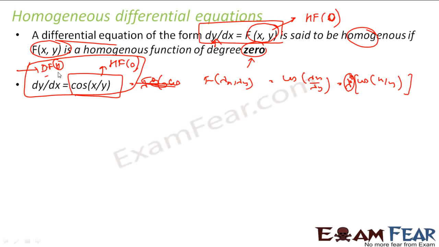When you talk about a homogeneous function, this guy is a homogeneous function of degree 0. So a differential equation of the form dy/dx is equal to f(x,y), if f(x,y) is a homogeneous function of degree 0, then this whole thing, dy/dx is equal to f(x,y), is a homogeneous differential equation. And we have a special way to solve such kind of equations.